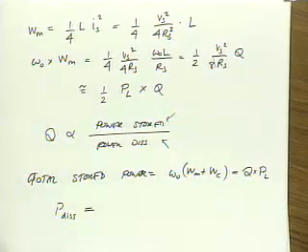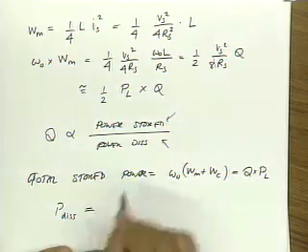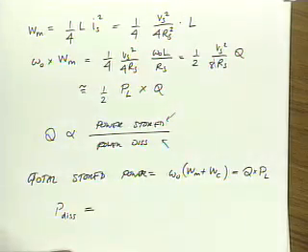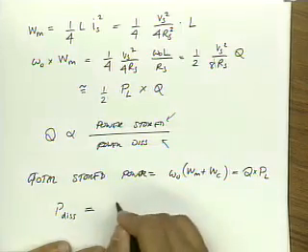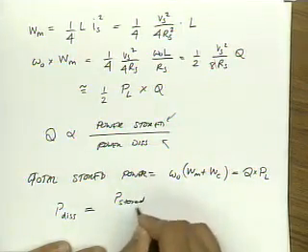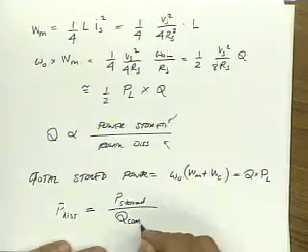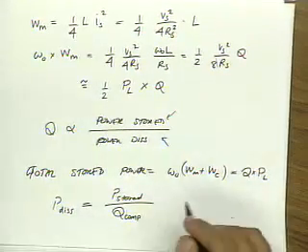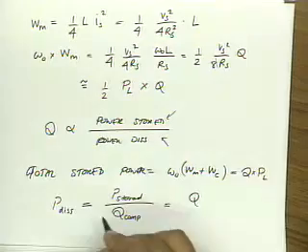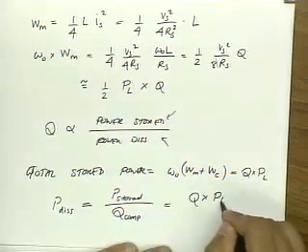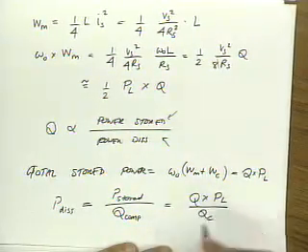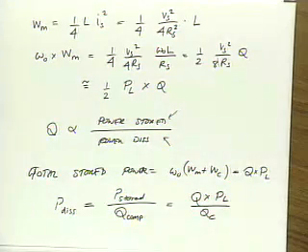By definition then, the power dissipated in our capacitor and our inductor is basically the power stored divided by the Q of those components. And so we've shown now that the power dissipated is Q times PL divided by the Q of the component. We'll just call that QC. Okay? Remember, this is the Q of the network. This is the Q of the component in question.